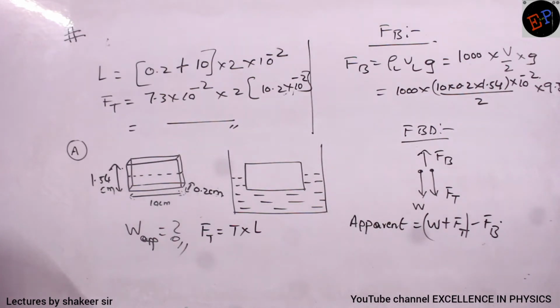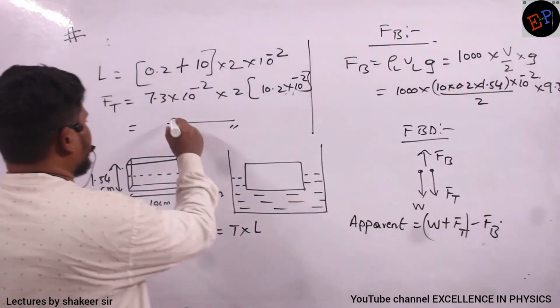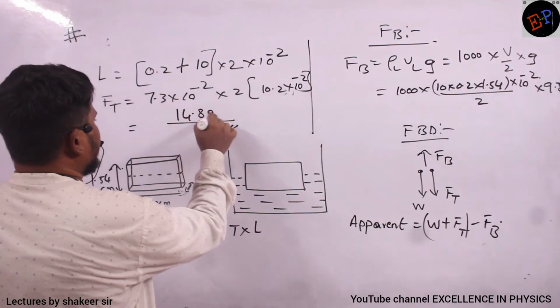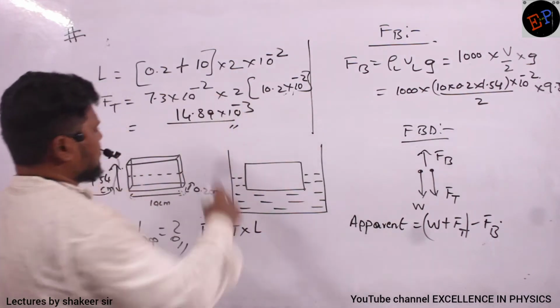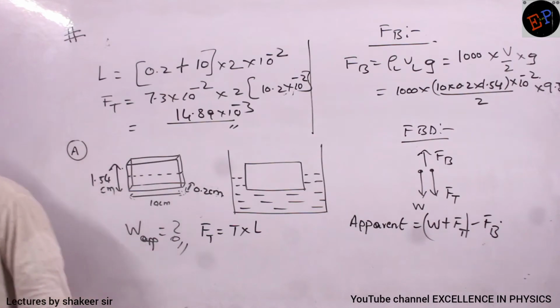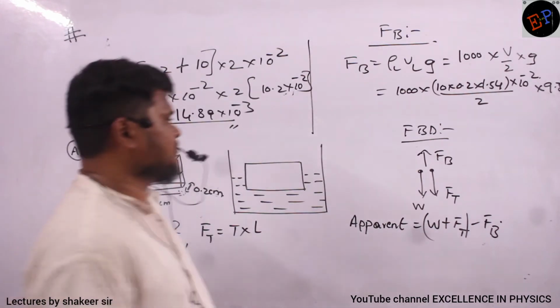So the surface tension you should get is 14.89 into 10 power minus 3. This is the surface tension force. And the force of buoyancy which you should get is 15.09 into 10 power minus 3.